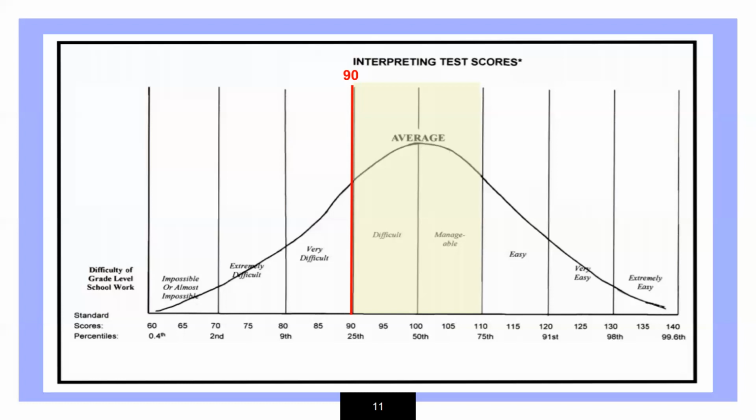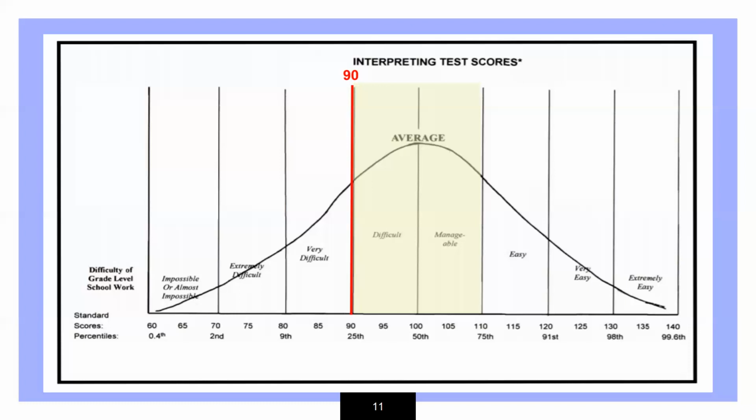So if we look at that descriptive language, we can see difficult, manageable, very difficult, extremely difficult. The further I go from the mean, the harder things are going to be for me. So looking at my standard score of 90, although I'm in the average range, if I look at that descriptive language, I'm right at the cusp of school being very difficult for me.